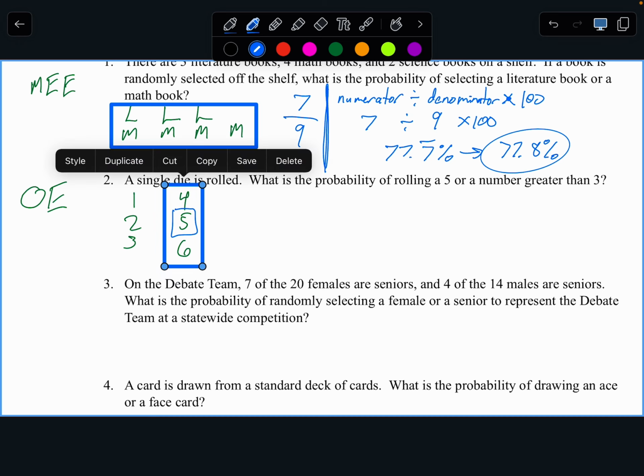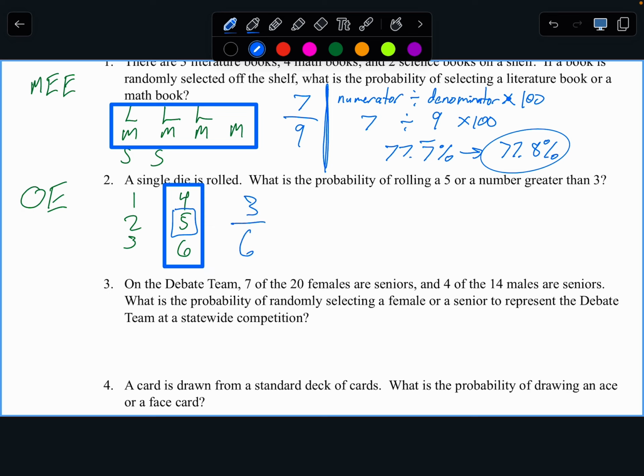Remember, we can't count a number more than once. So we can't count that 5 twice, even though it's circled twice, and that's okay. We see that there are 3 favorable outcomes over 6 possible outcomes. That reduces down to 1/2, which we also know is 50%. So far, so good.